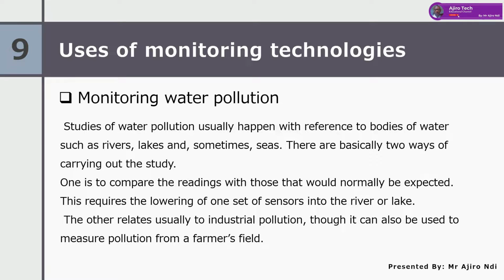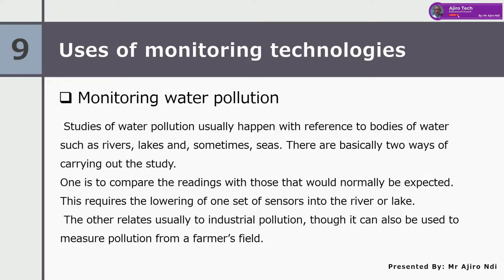One is to compare the readings with those that would normally be expected, and this requires the lowering of one set of sensors into the river or lake. The other relates to industrial pollution, though it can be used to measure pollution from a farmer's field.